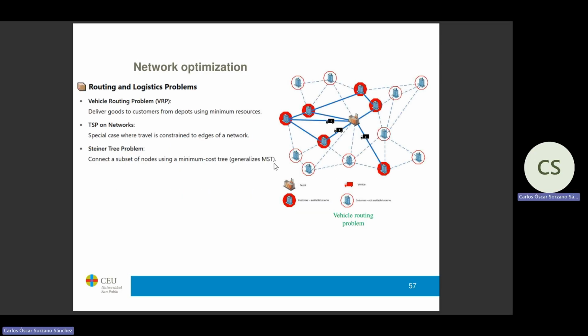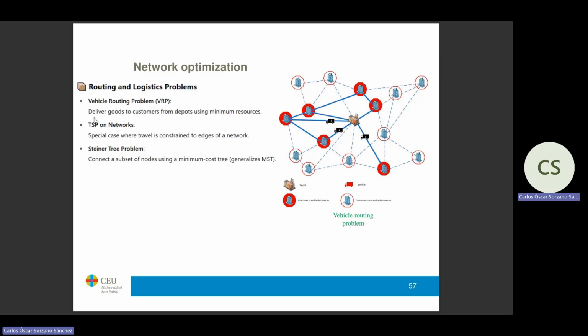And then more problems on networks. The vehicle routing problem: you have, for instance, a warehouse, you have to serve a number of nodes here, and the question is which routes each vehicle takes, so how do you divide these routes with minimum resources?